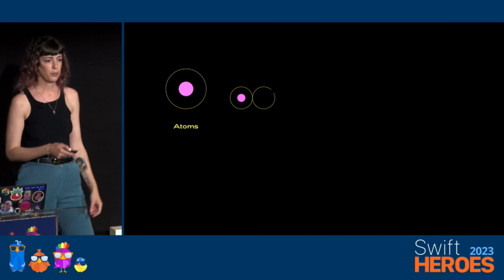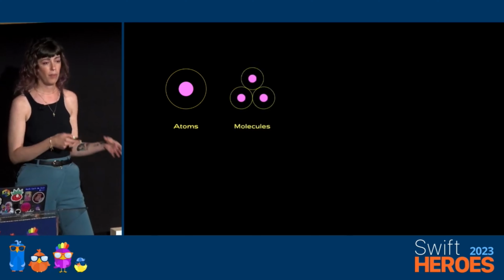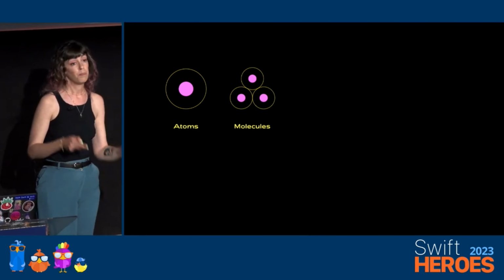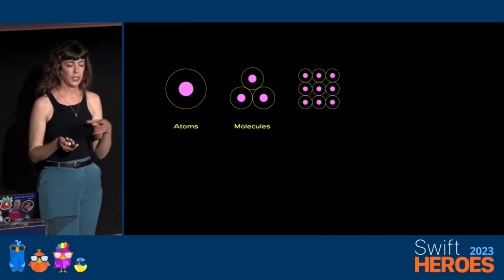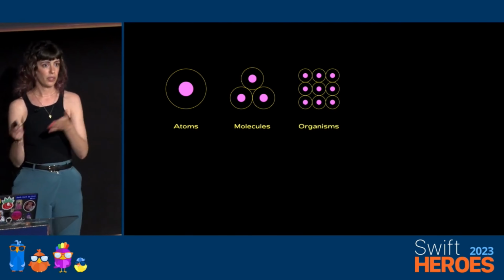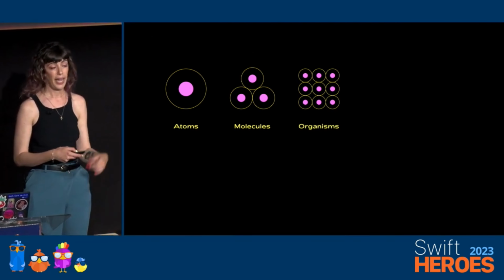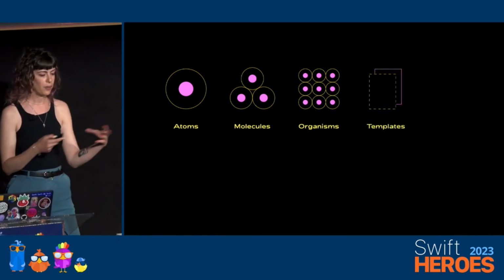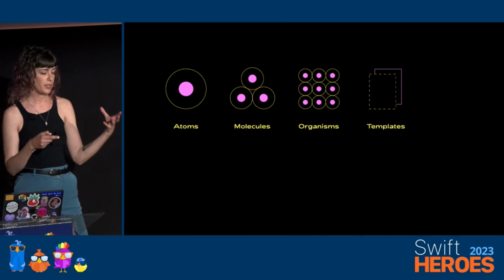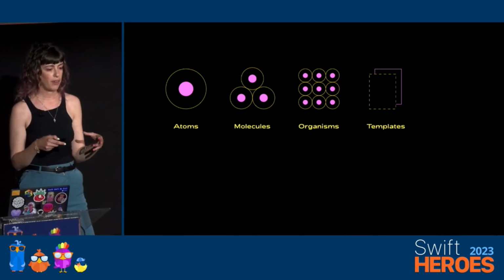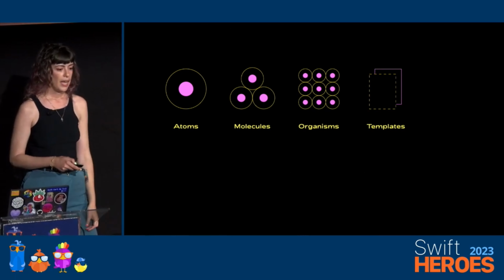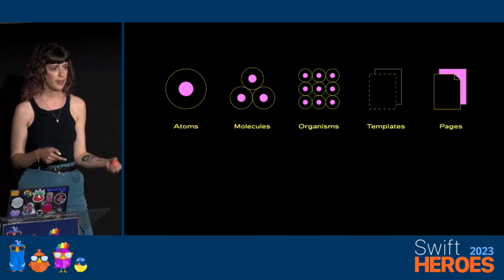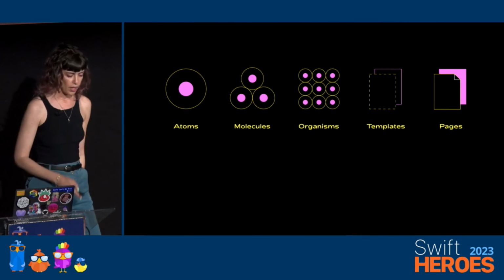If you put together two or more items, you have molecules, like buttons or search inputs. Put together two or more molecules and or items, and you have organisms, like headers or cards. Again, combine organisms, and you form templates, which are blocks that provide structure to your UI. And if you put content and real UI into these templates, then you have the final page.